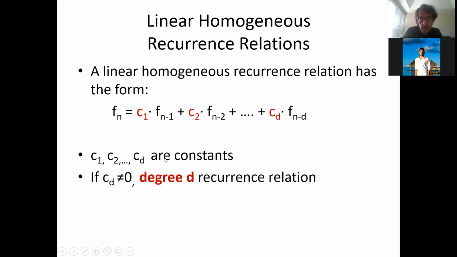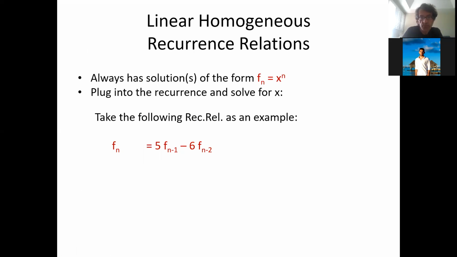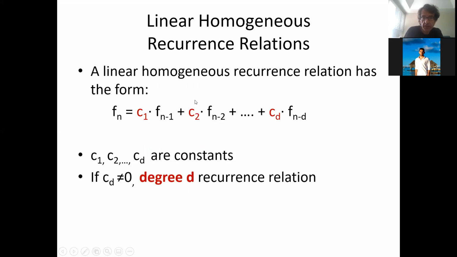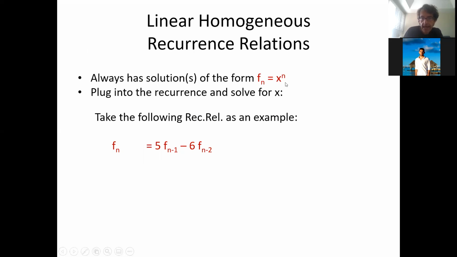Okay. So what do we do to solve this? Here is a complete magic out of the blue sky. For recurrence relations of this form, every solution has this form: x to the n for some base x. And all we need to do is to find what base that is.